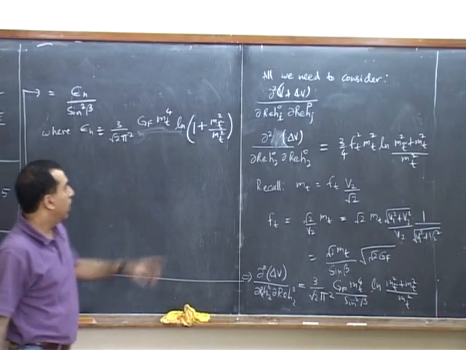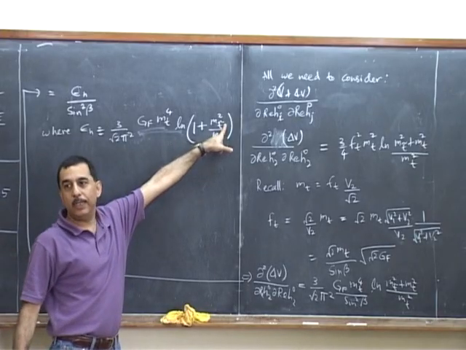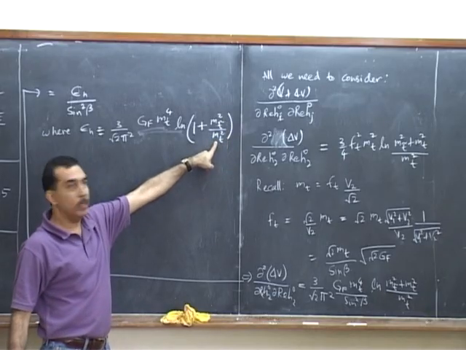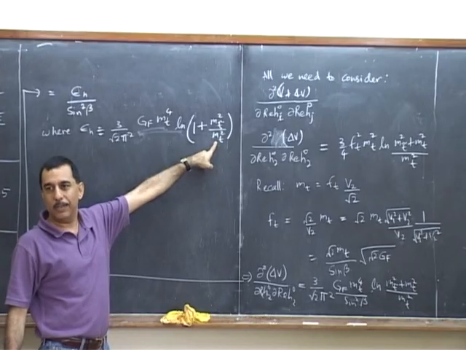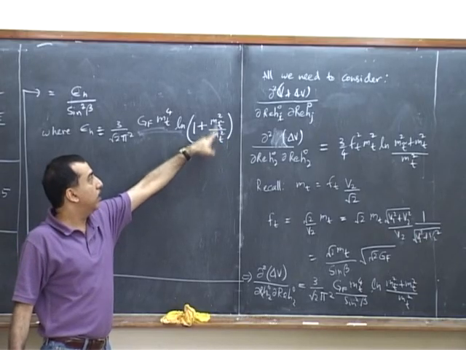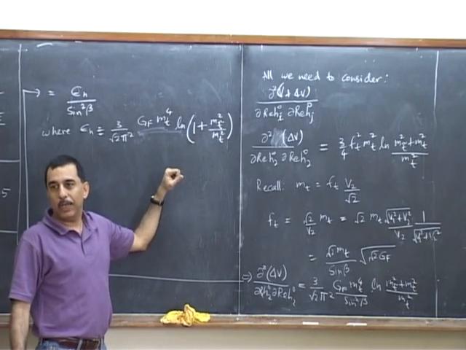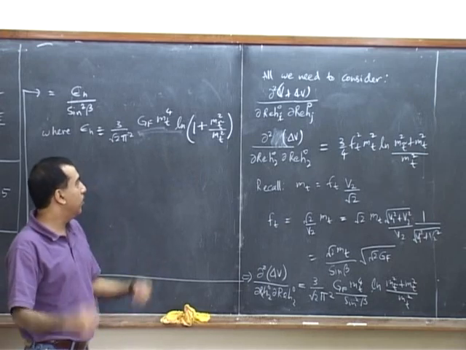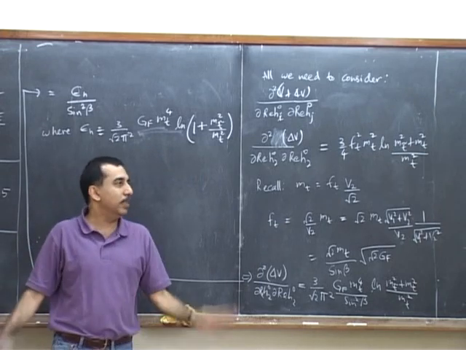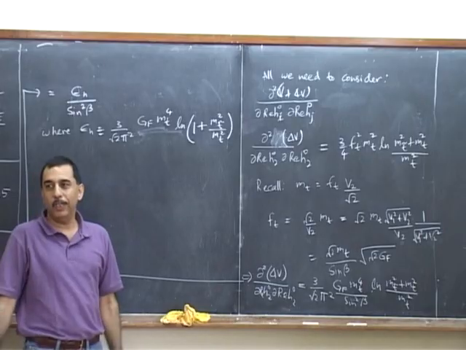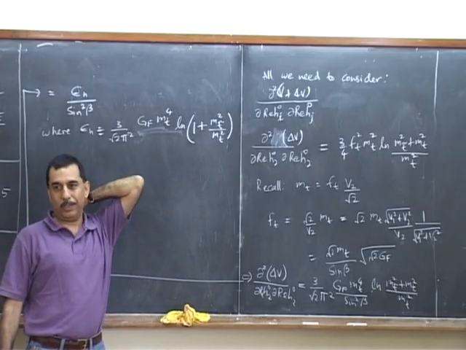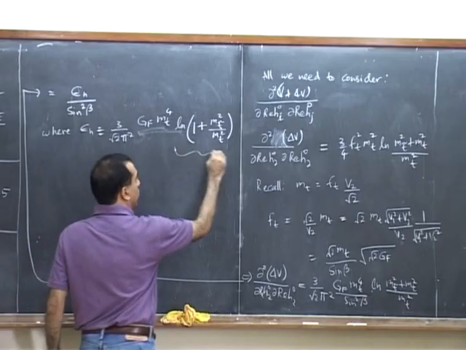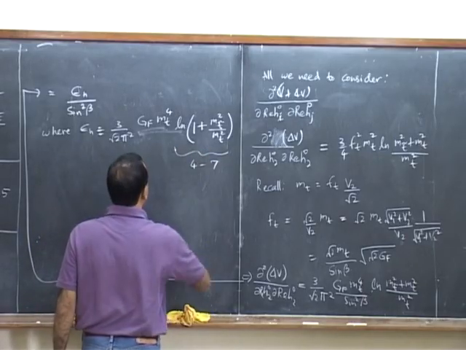Now if mt tilde is a few TeV and this we know is 175 GeV, then that's just like a factor of 6 or something. Squared comes to 36. So somewhere between 36 and maybe 100 or 150. So log of that is somewhere between 4 and 7. So the range of this is around 4 to 7.